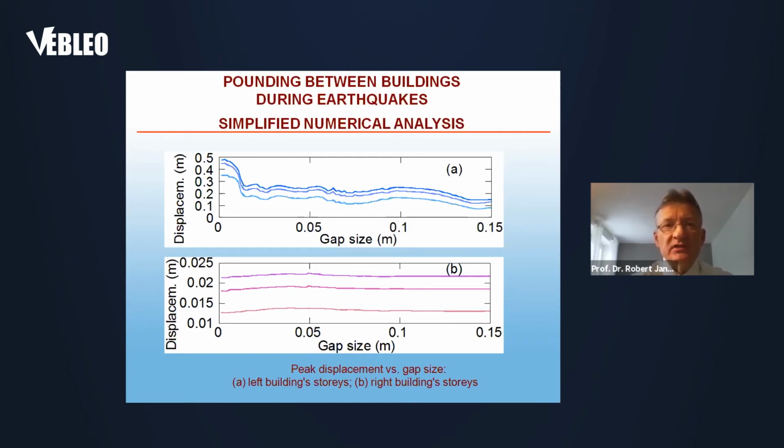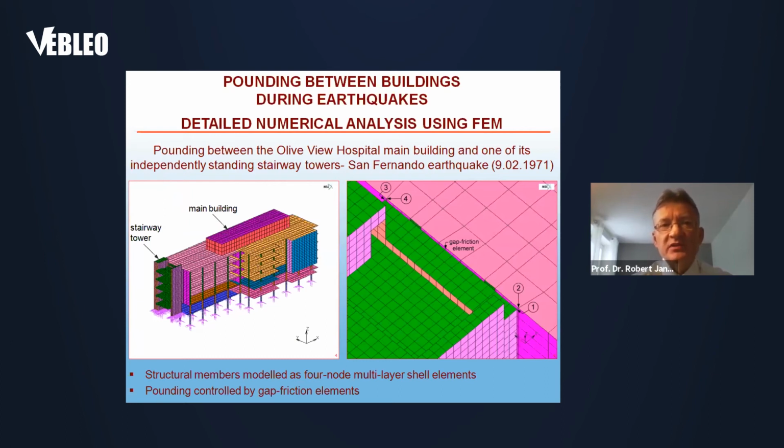Well, these were quite simplified lumped mass models, but detailed numerical analysis using the finite element method can also be conducted. This is actually the real case study of pounding between the Olive View Hospital main building and one of its independently standing stairway towers, which was observed in reality during the San Fernando earthquake of 1971.